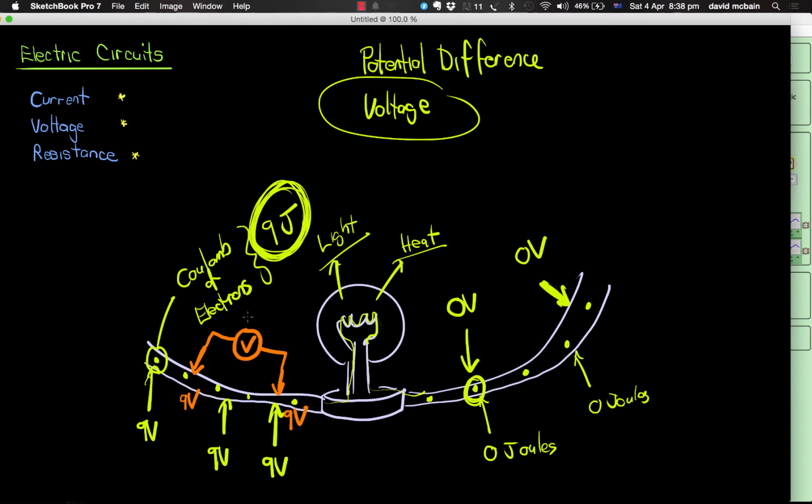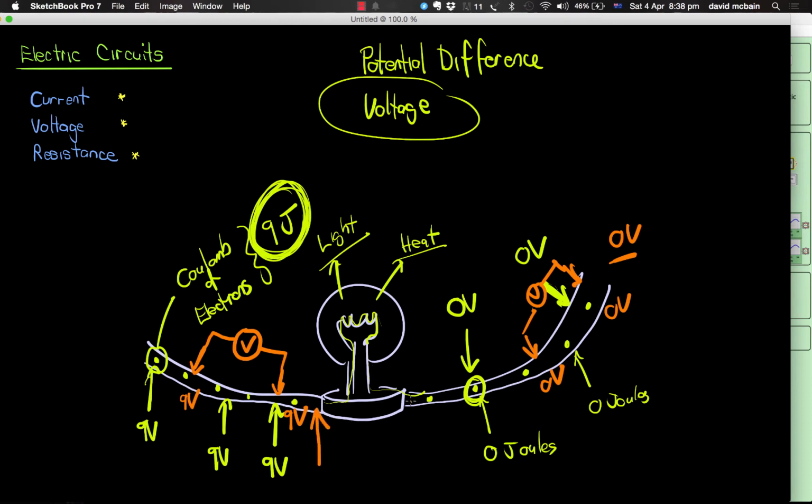So this would read 0 volts because it's actually looking for the difference in potential or difference in voltage between 2 points. Likewise, if I took my voltmeter over here and measured the difference in voltage between those 2 points, I would also get a reading of 0 volts because it's 0 volts here and it's 0 volts here, so the difference is 0.